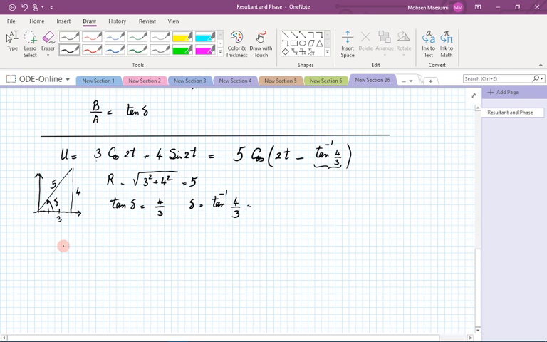Now, if we have the same situation with a negative, our r will be the same as before, because when I square these numbers they become positive, so it's still 5.